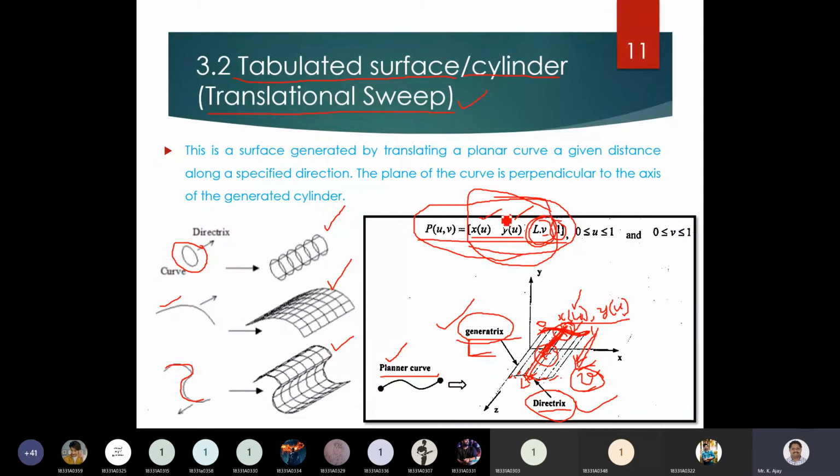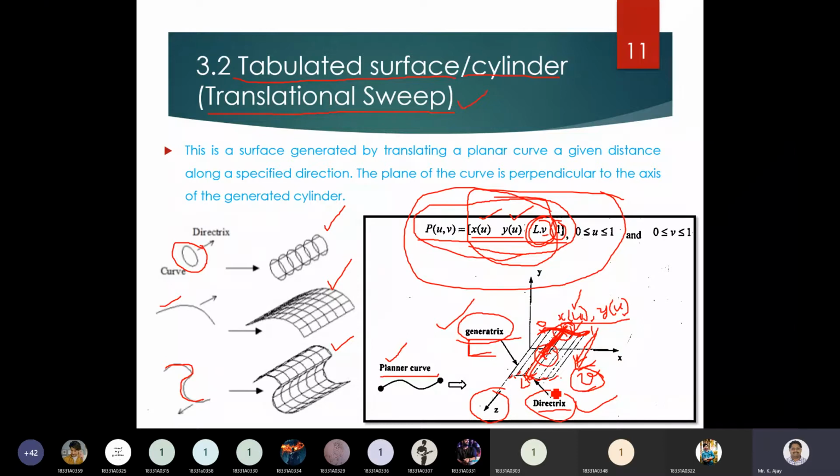One curve is called x of u, and another curve is, whatever the curve, let us say in this example, in this particular equation that is defined, whatever directrix he showed here, he considered this directrix as the generatrix, which means he is considering this curve on the xy plane as the generatrix, and he is trying to sweep that curve in the direction of the z-axis, which means whatever the picture shown here, he reversed.